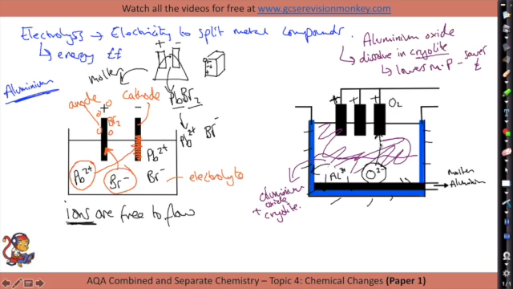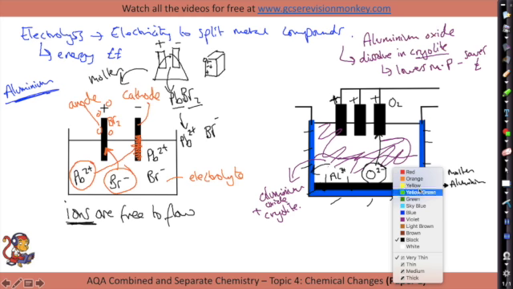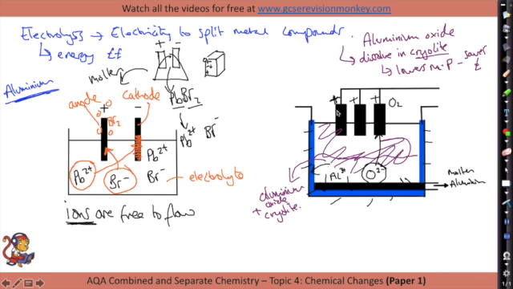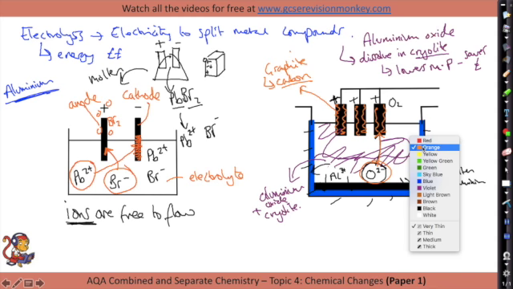But also, there's a really common question in the exam. These electrodes are made out of graphite, and if you remember, graphite is made up of one element, and that is carbon. So they often ask, why do these graphite electrodes gradually degrade and wear away? And the answer is the oxygen that goes to these electrodes reacts with the carbon, producing carbon dioxide.